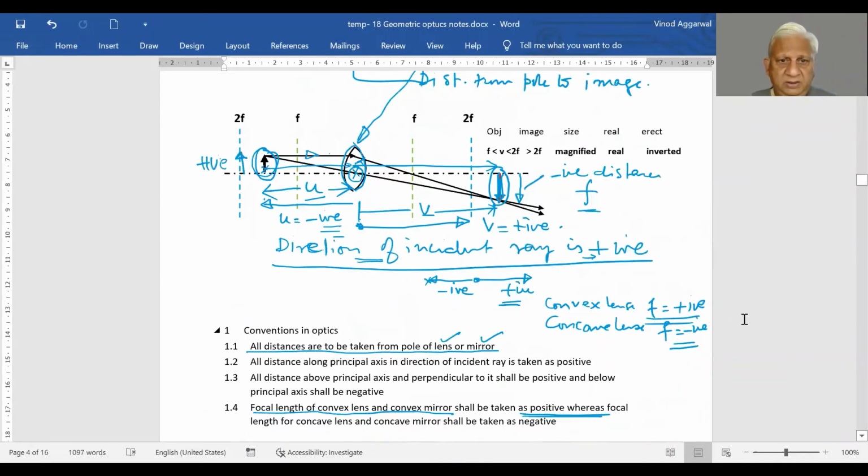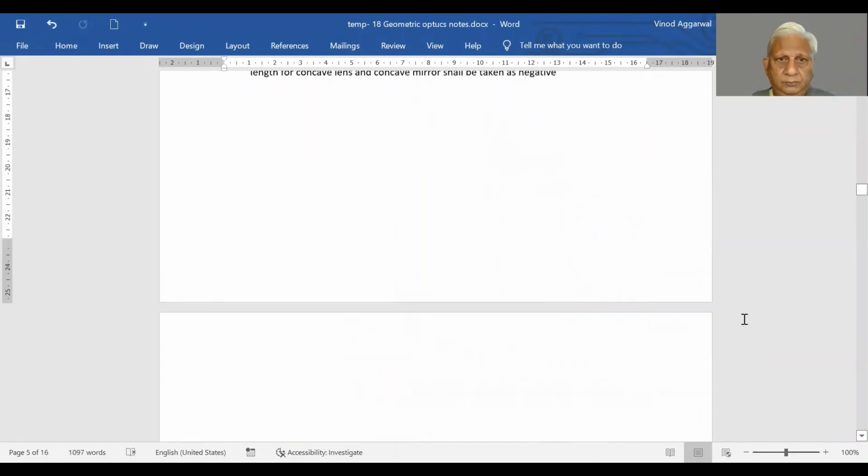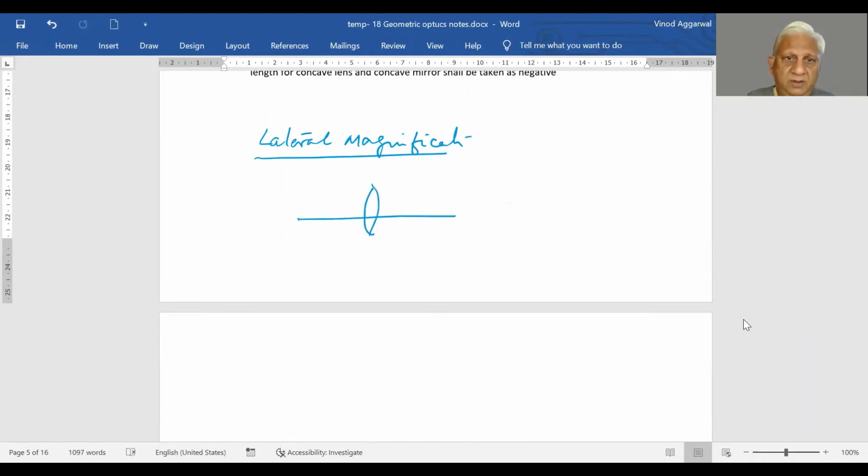Now in case of lenses, we come across a term called lateral magnification. For example, if we take our lens, take our object like this, and this is the image that we're going to get.